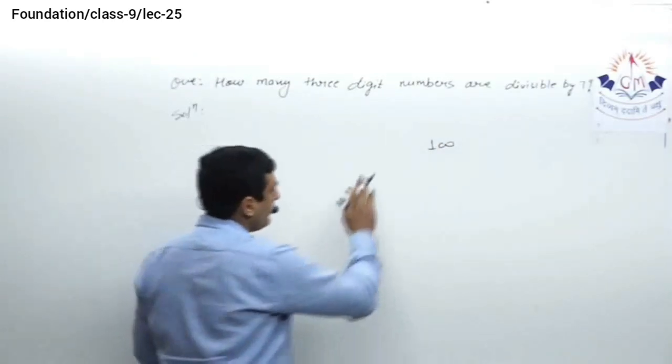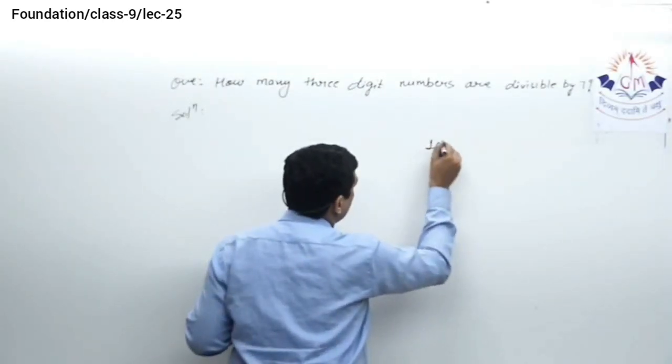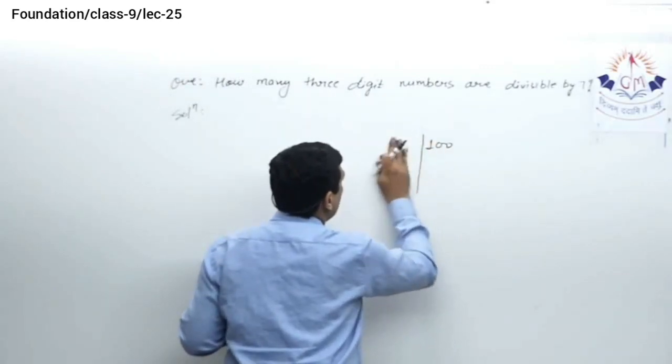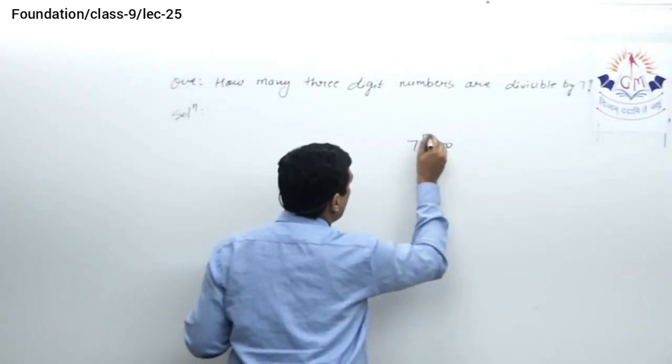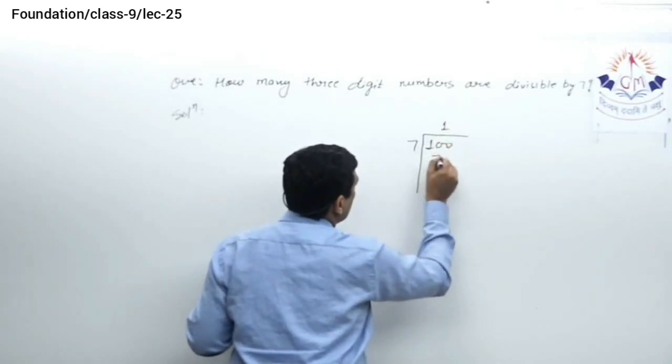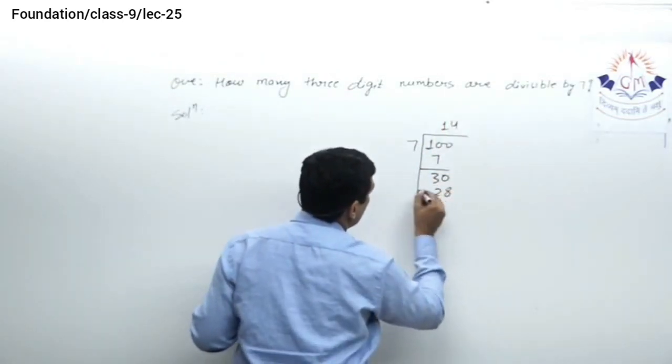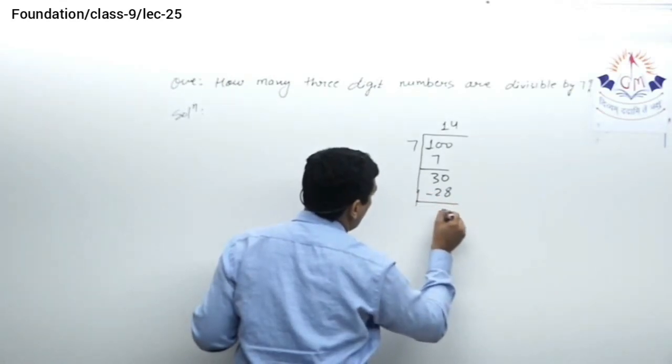Now suppose I divide it by 7, let us see what we are getting. 7 ones are 7, here 3, then 0, 7 fours are 28, then the remainder is 2.